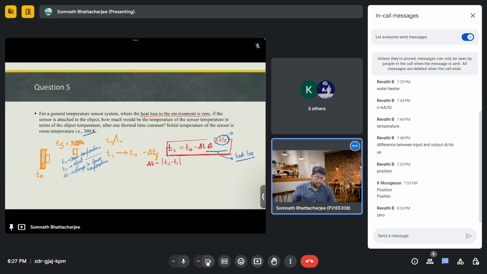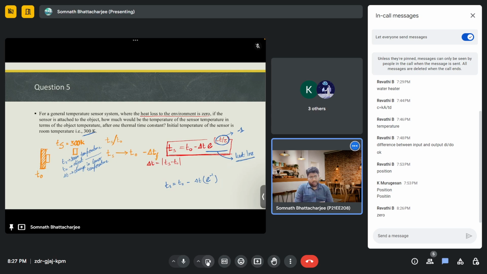This will be minus 1, because the loss term, that is tau, will be equal to the value of the temperature change. So the temperature change and the loss term both cancel each other out, and it will be e to the power of minus 1. So the formula will be nothing but Ts equals T naught minus del T into e to the power of minus 1. Now you can calculate the answers.